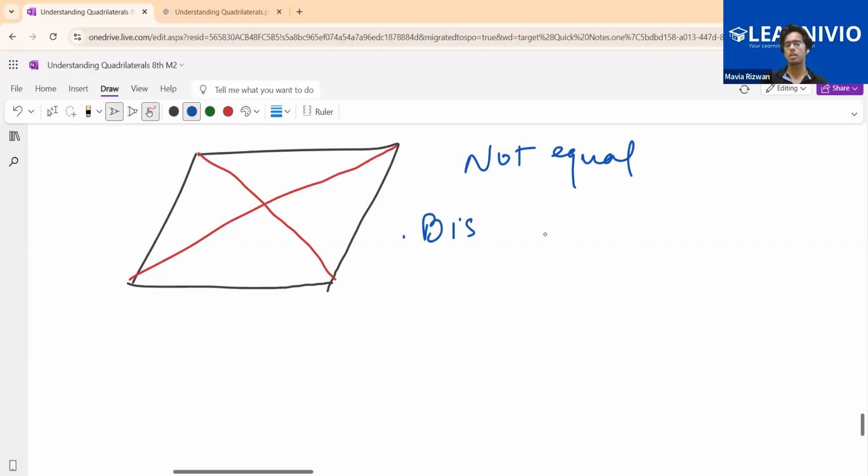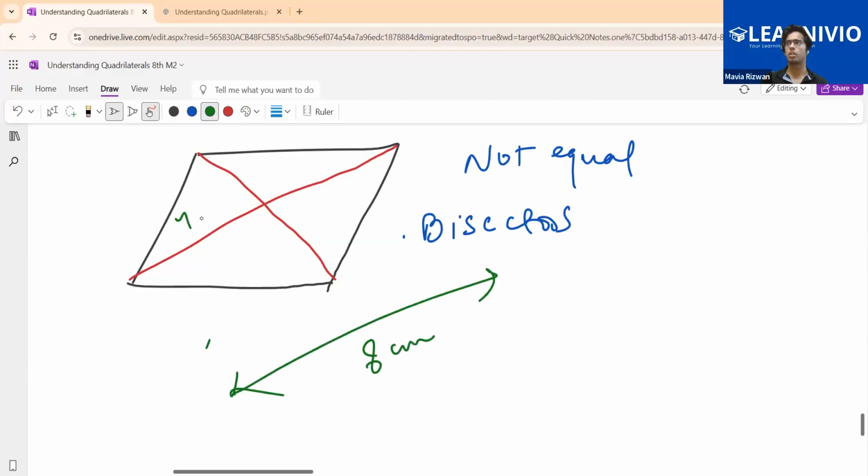Bisectors means they cut each other in half. Let's say if this total is 8 centimeter, so this is 4 centimeter.